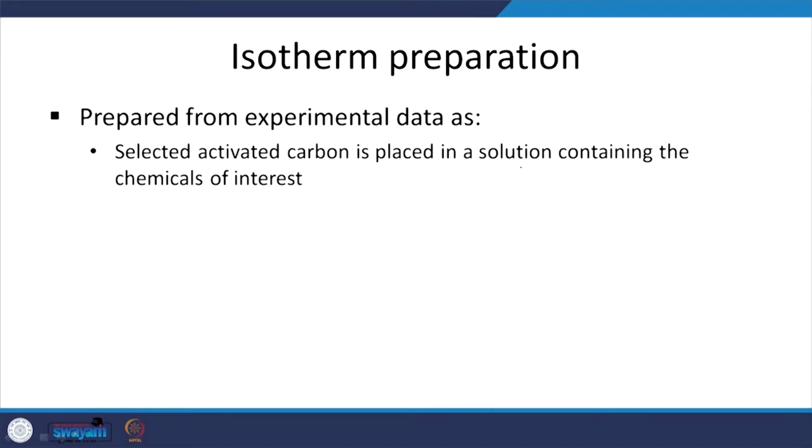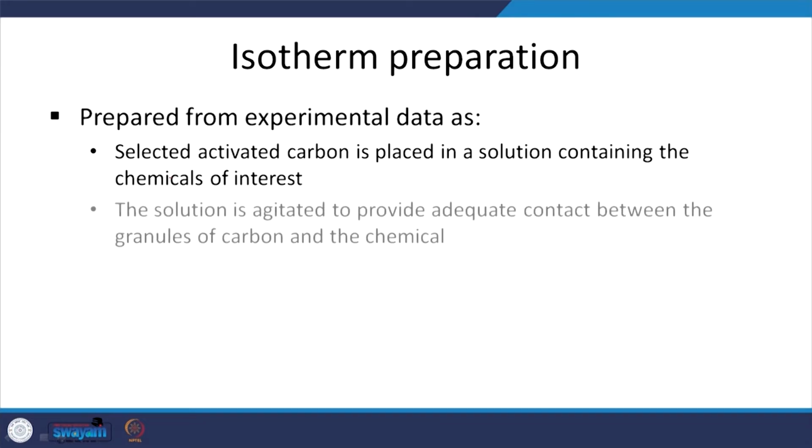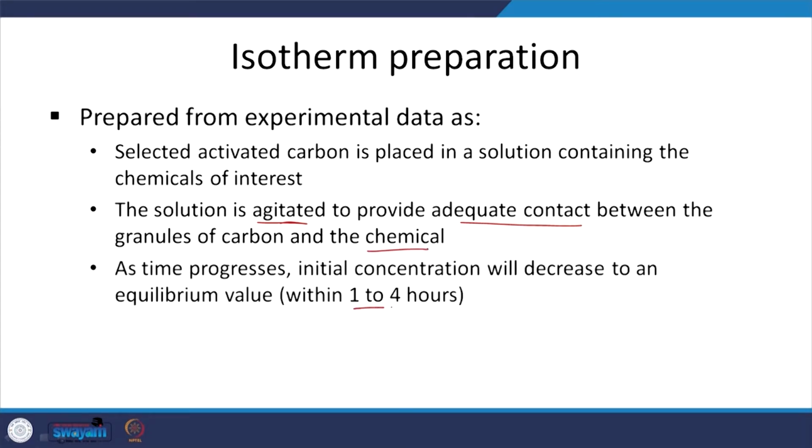Selected activated carbon is placed in a solution, as we just talked about, containing the chemical of interest, right? The solution is well mixed to provide contact between the granules of carbon and the relevant adsorbate or the chemical. The time depends, 4 hours or 6 days, it depends upon the type of compounds.